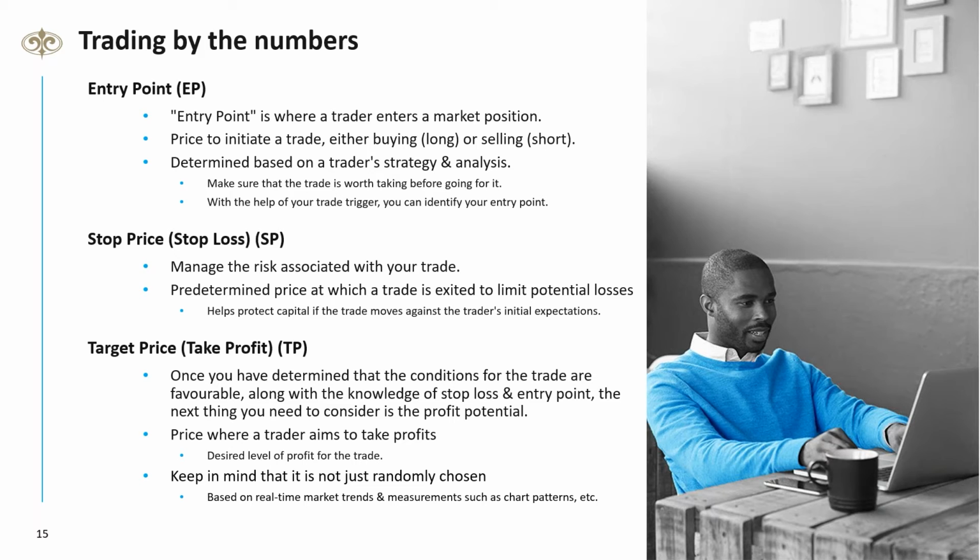Usually you're going to be buying, going long, especially if you're using single stocks or CFDs, or you're going to go short, taking advantage of falling markets. You use those entry points based on your analysis, and you will see this in the graph just now. Before putting on the trade, you need to know: is it worth it? So you do, as I say, the paperwork first.